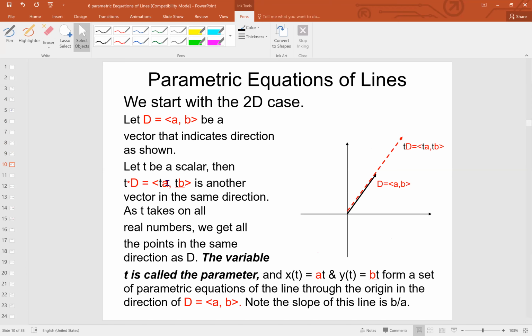If I separate the x component and y component out, I will call this set, x of t, y of t, a set of parametric equations describing this line. Now, suppose I have a point P somewhere else, and I want the line in the same direction but passing through that point. It is very easy to obtain an equation for that.